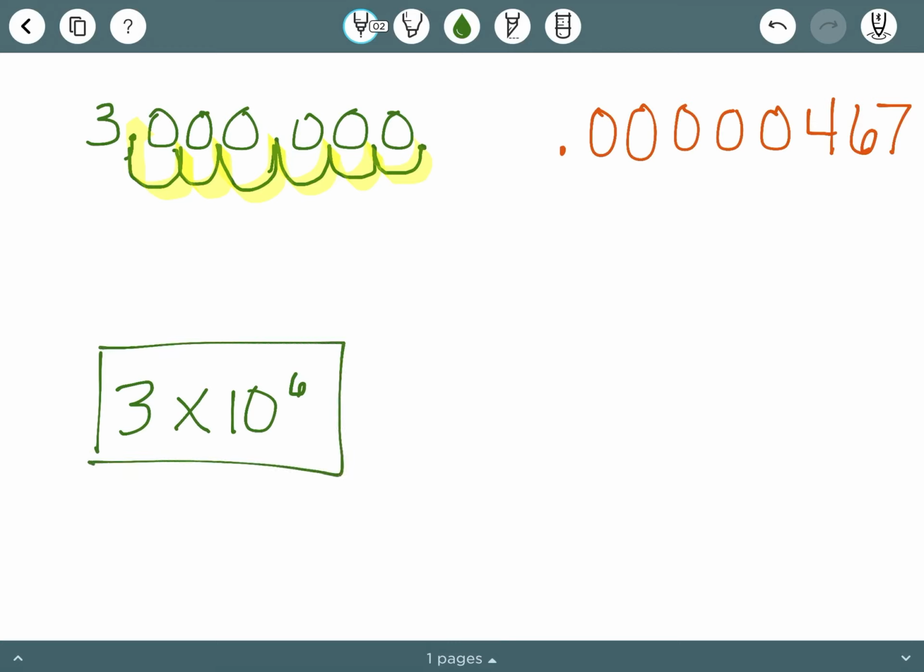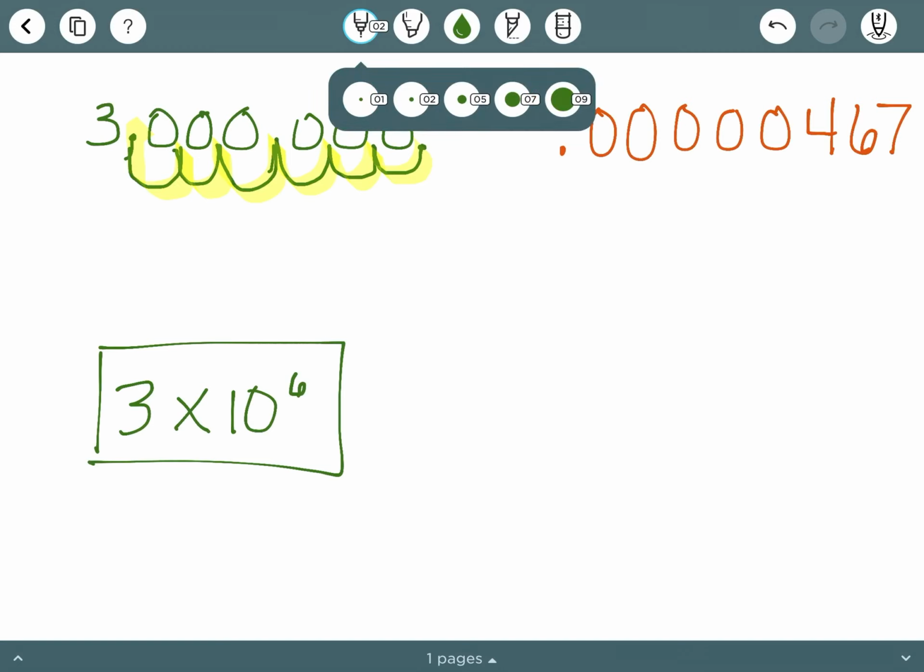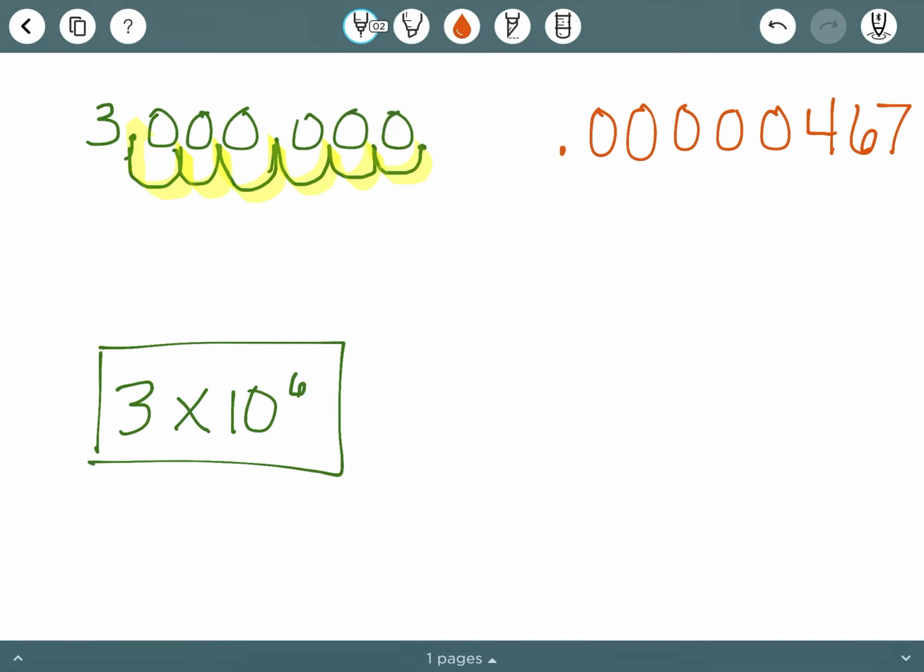All right, the next one. Now you can try this on your own if you want, and then compare it to the work that I do and see if you get the same answer. Now this one, we have a small number here. We have just a decimal here.